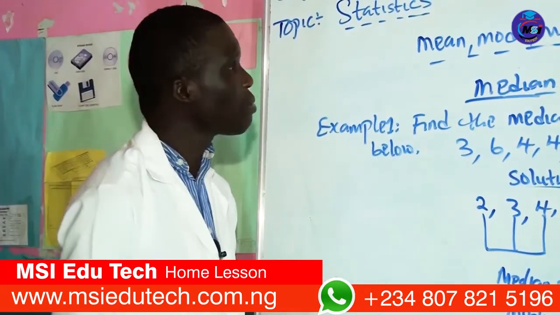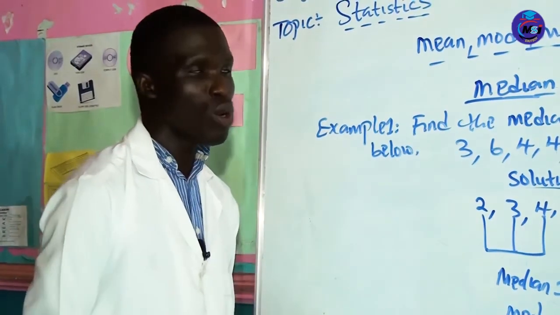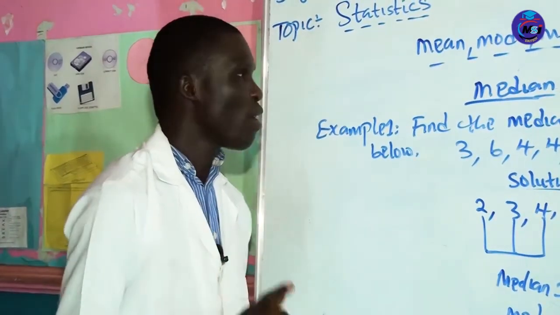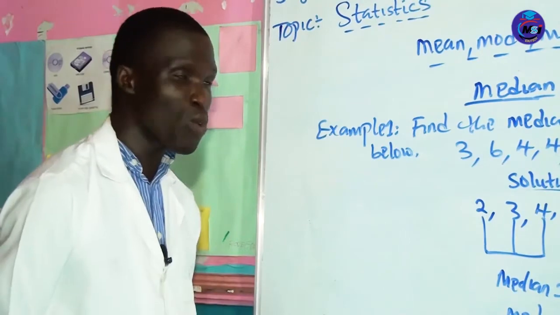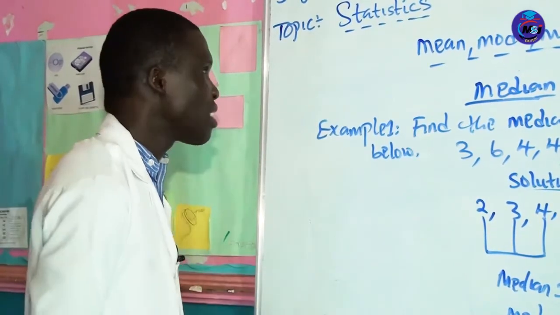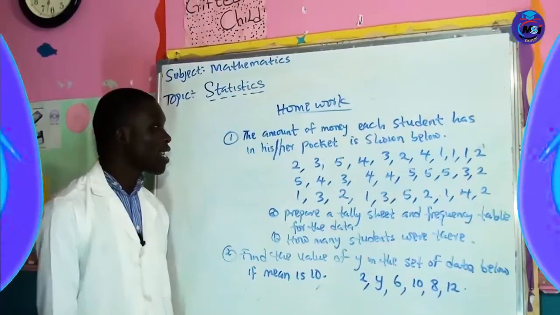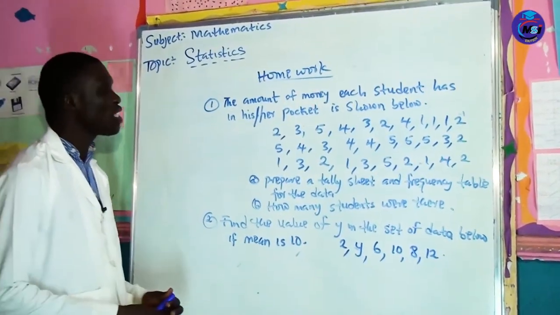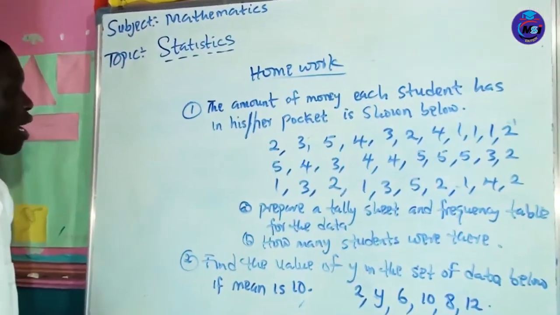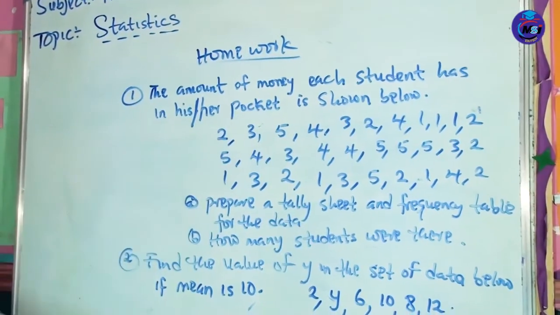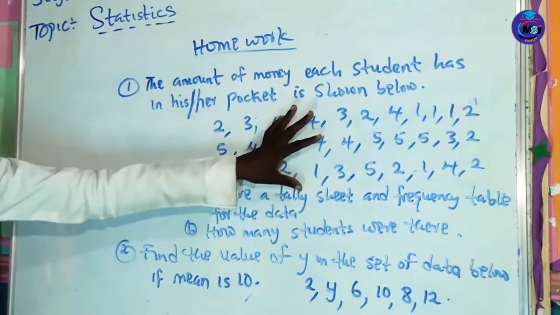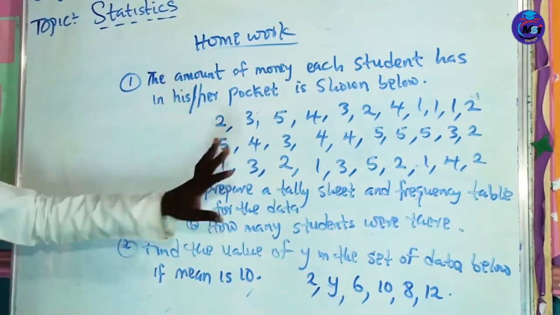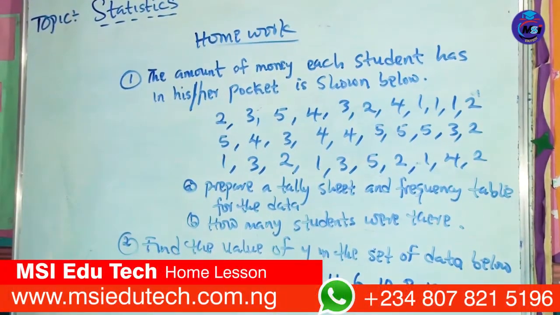Now, before we round up this class, I want to give you homework to do for me, okay, so that one will keep you busy until we meet next class. Okay, class, this is homework for you. Number 1, the amount of money each student has in his or her pocket is shown below. You have the data here, just the way we did it in examples.